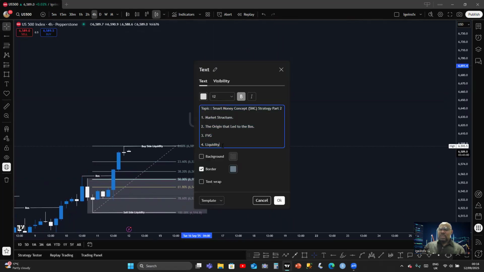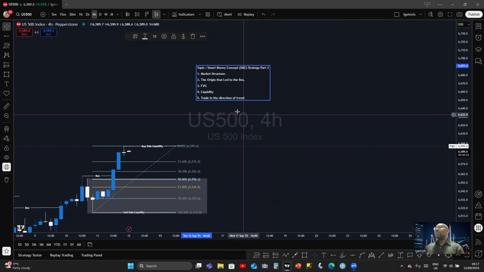So you trade in the direction of trend. If you don't know how to read structure, how will you know the direction of trend?